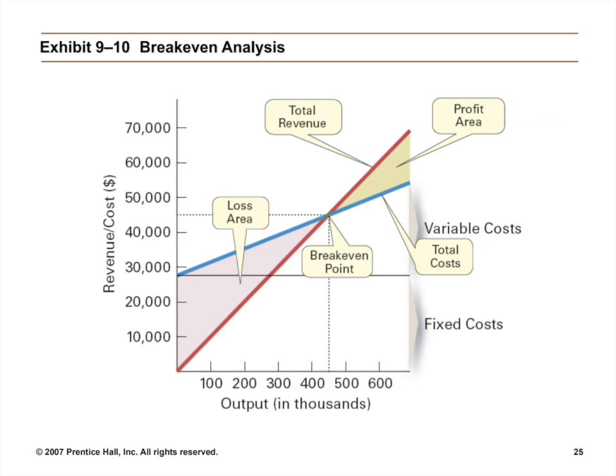And we can plot that data in a chart, in a graph like this. In the horizontal, we have the output, units in 1000, that is the unit of product.